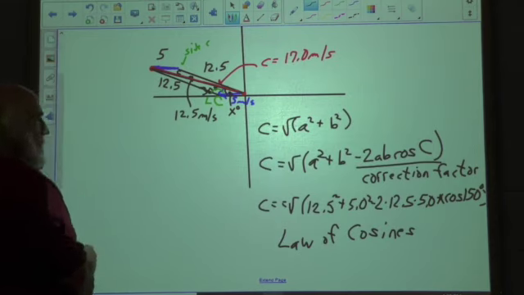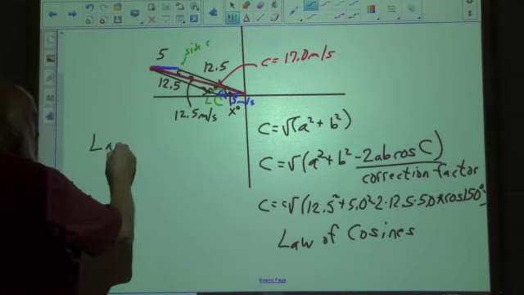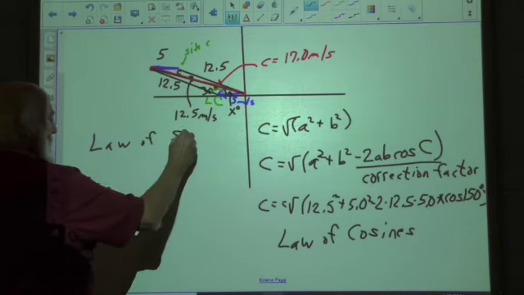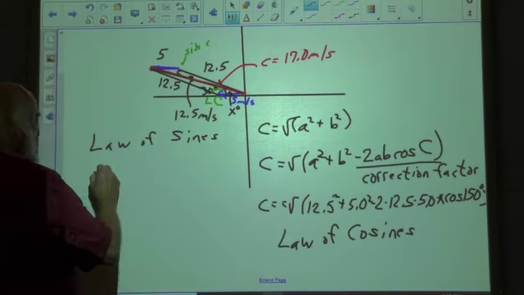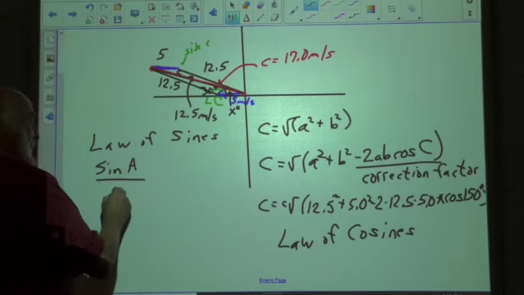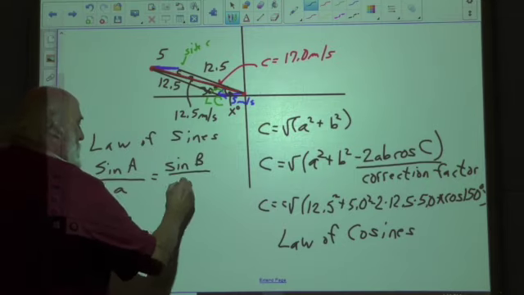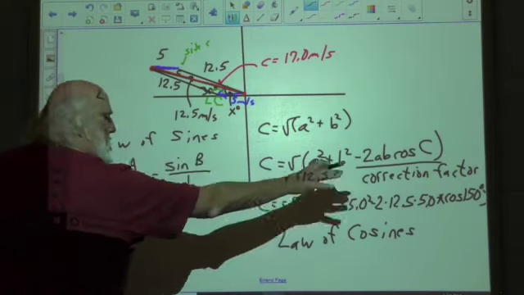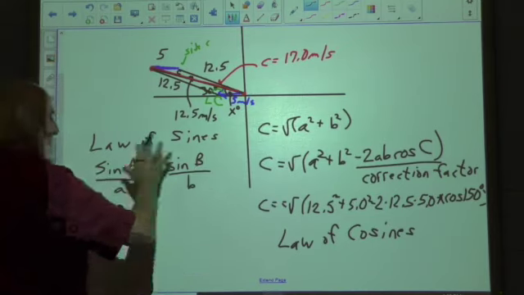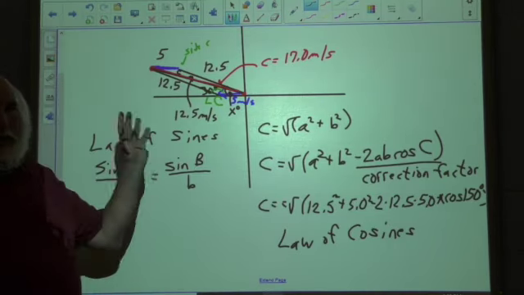So the tool that we can use for this is something called the Law of Sines. And that is that the sine of angle A over the side A is equal to sine of angle B over the side B. And again, it doesn't make a difference, letters are irrelevant over here. You just pick two angles, you call one A, call one B, go from there.